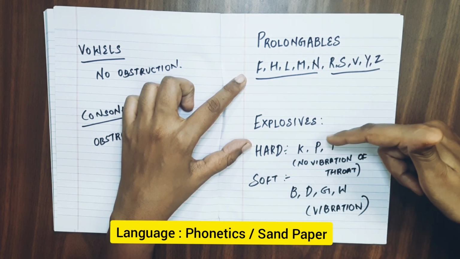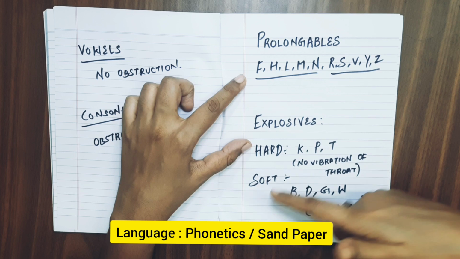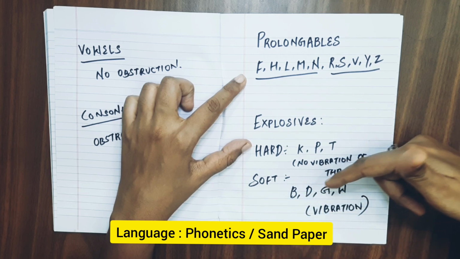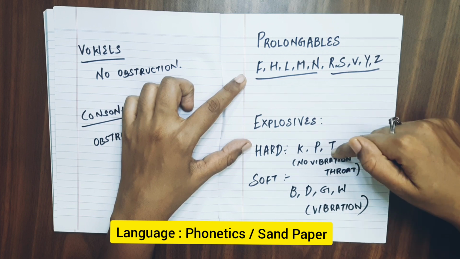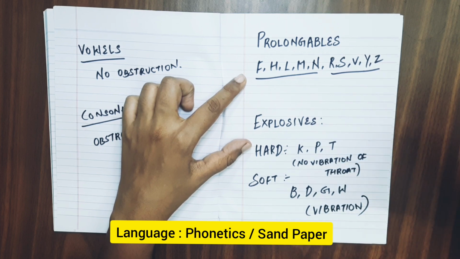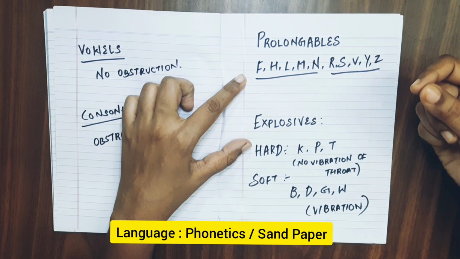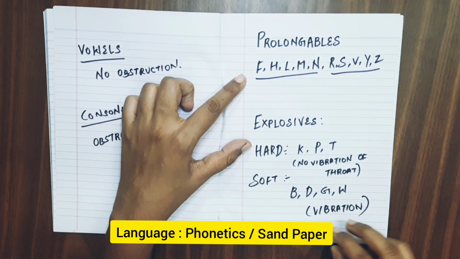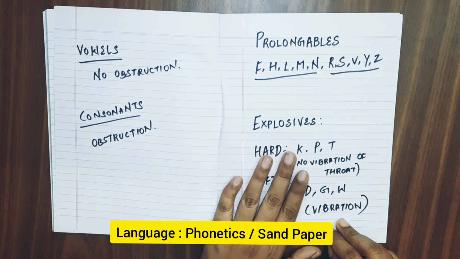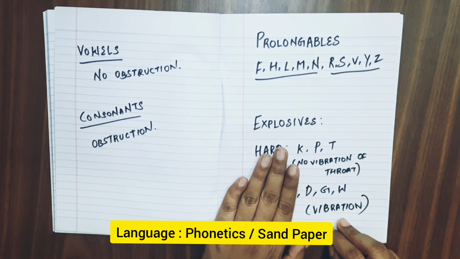K, p, t, and soft ones, b, d, g, j. Here, if you utter these sounds, there is no vibration in your throat, but here you can feel that vibration in your throat, right? So, I have given a short summary about vowels and consonants.